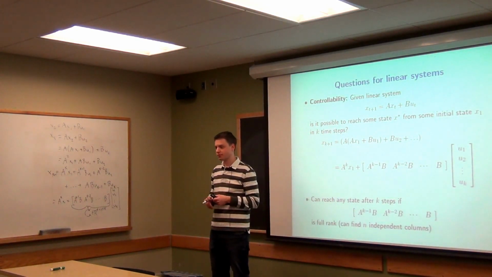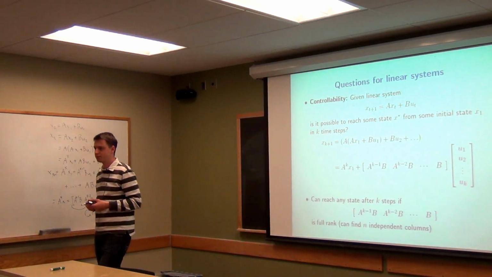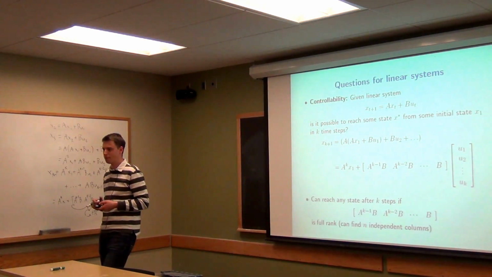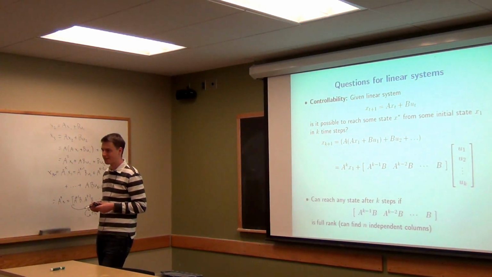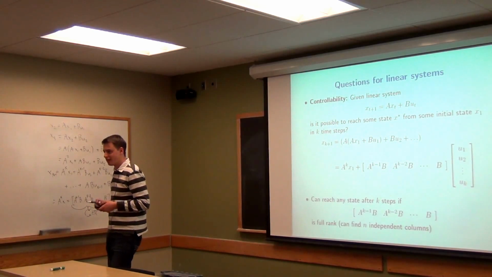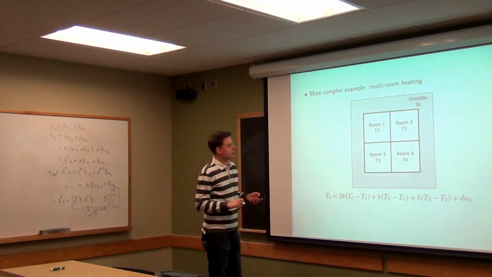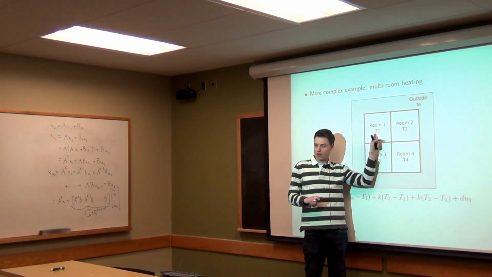Yeah? When you say that you only have 2 heaters in room 1 and room 2, and you can control the temperature where you want, but isn't room 3 only controlled by room 1? So no, because room 3 will be affected by both room 1 and, at the next time step, room 2.